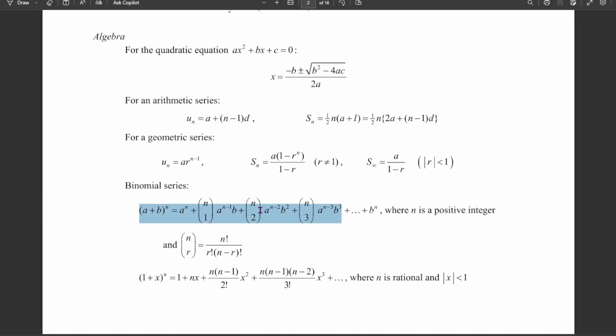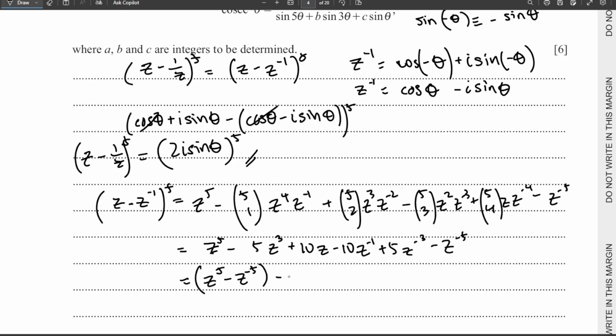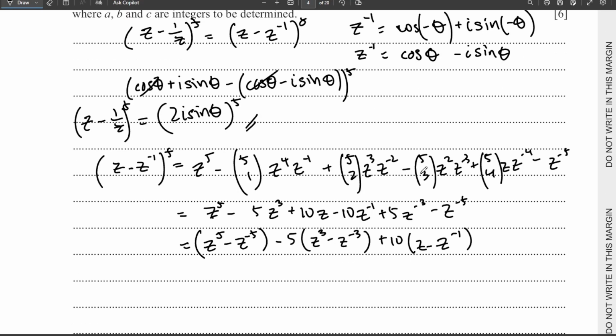It is, yes, it is here. So if you somehow forget it, you can refer to it. Now that I have finished expanding this binomial series, I have grouped together the positive and negative exponents which have the same numerical value.